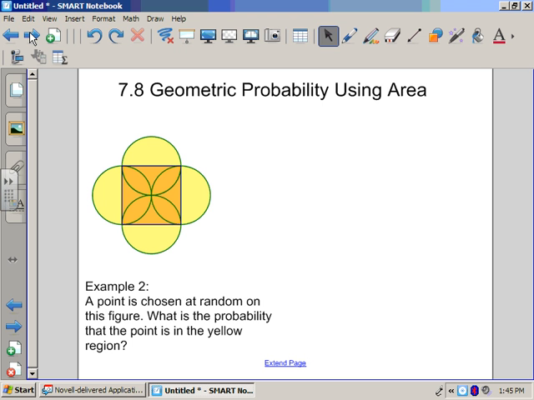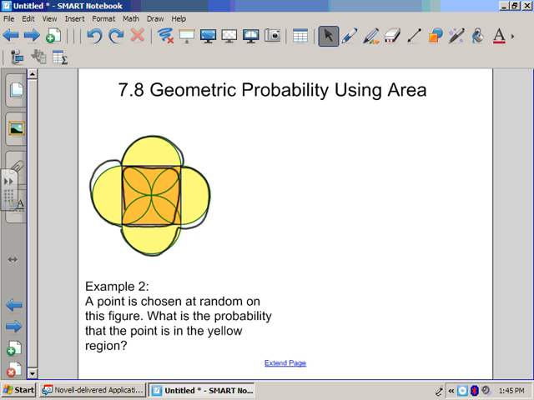Okay, look at this one. I've got what looks like a little flower, and I'm going to take a point chosen at random on the figure. The figure I'm talking about here is this whole flower-looking figure. I'm calling everything inside the square orange, and everything outside the square yellow. What's the probability that any point chosen at random would lie within the yellow region?